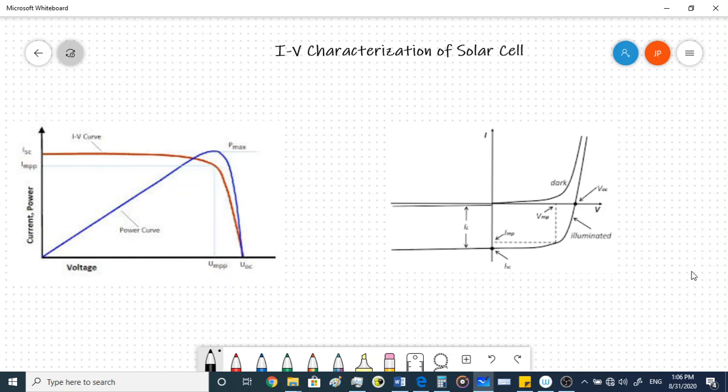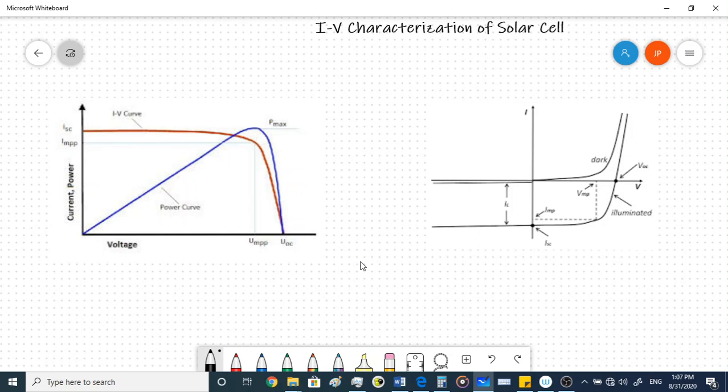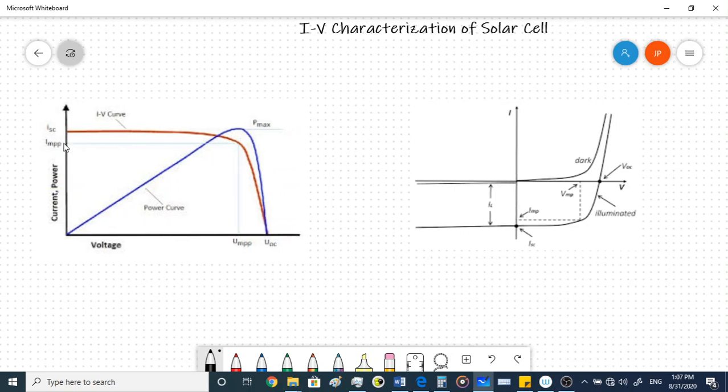Most of you might have done an experiment using a solar panel, where you plotted the current versus the voltage by varying the resistance across the solar cell and keeping it under the sunlight. And you might have seen a graph in this form.